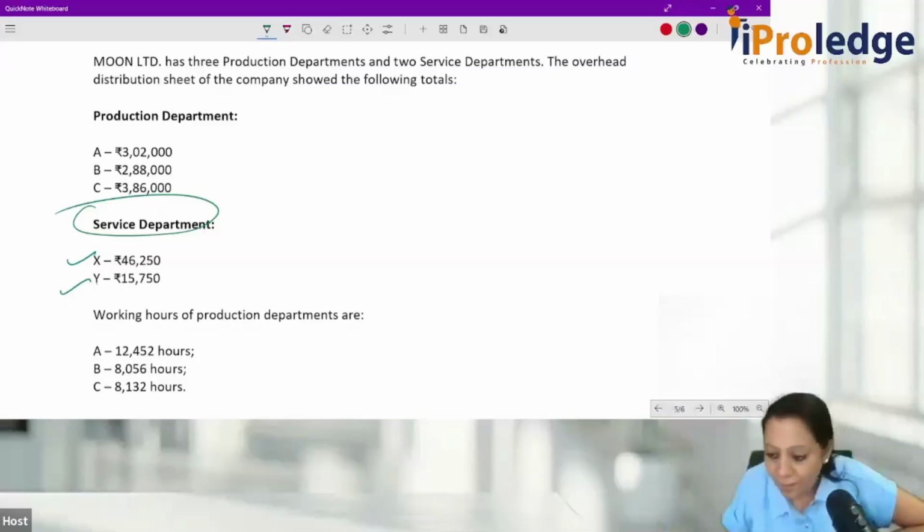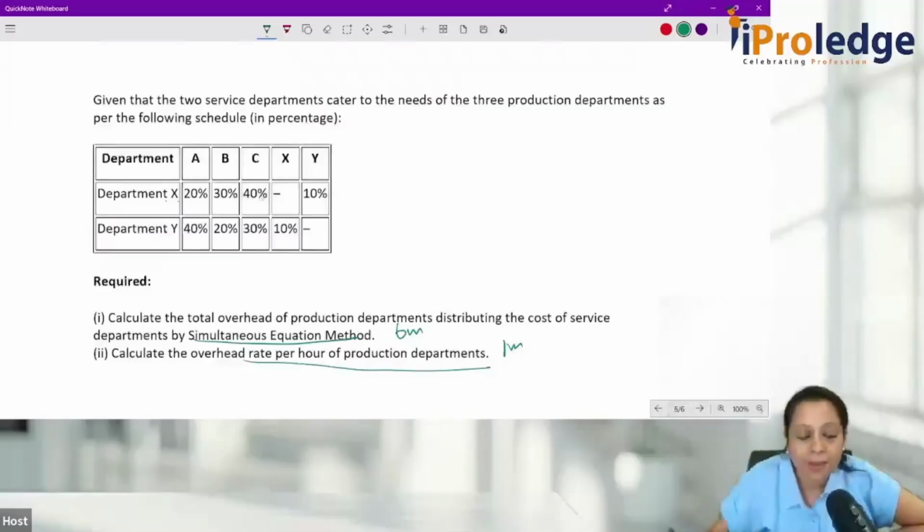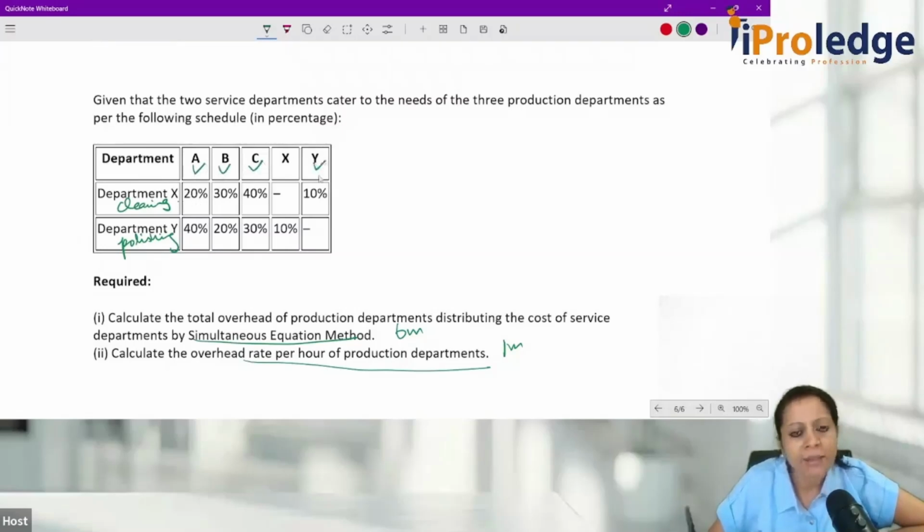Okay, ma'am. So now how are we supposed to do this? Listen, everyone. Service departments: cleaning department is one. Another one is, say, for example, polishing department. Cleaning department is providing cleaning services for production departments A, B, and C, and for Y also, they will have to clean. Polishing department also has to be cleaned.